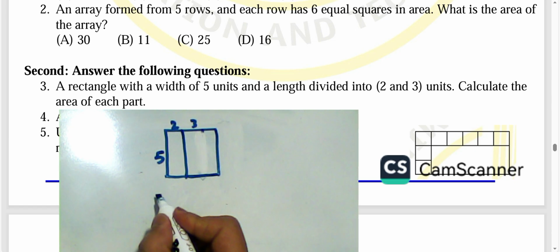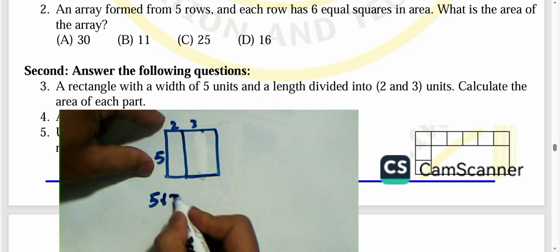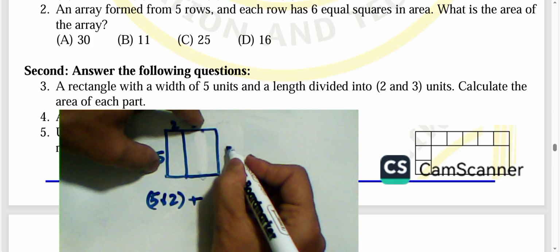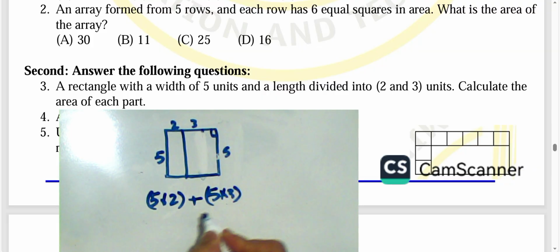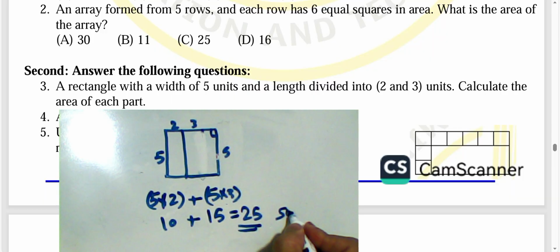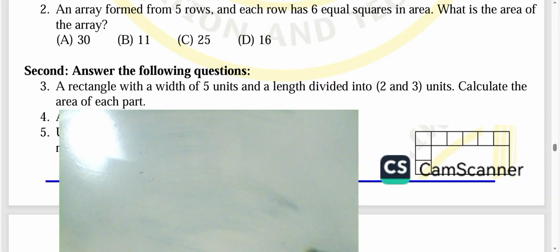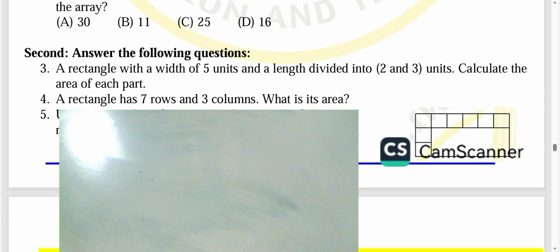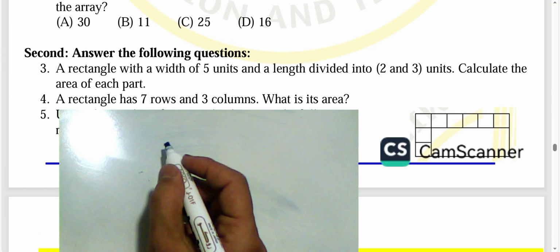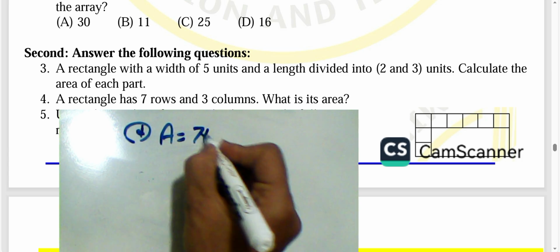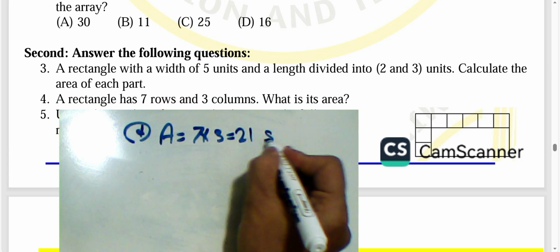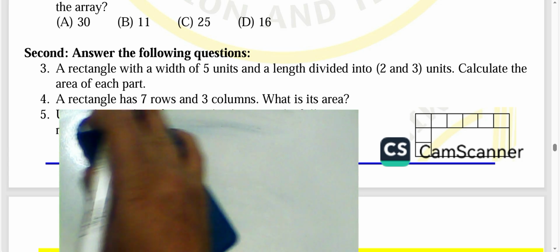Then the area, length times width: 5 times 2 and 5 times 3. 5 times 2 is 10 and 3 times 5 is 15. We can collect the area, which will be 25 square units. Number 4. A rectangle has 7 rows and 6 columns. What is the area? Then the area equals length times width. 3 times 7 is 21 square units.